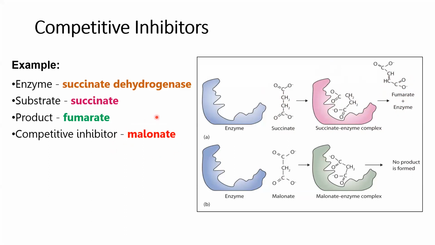But in the presence of the competitive inhibitor malonate, as you can see, the structure of malonate is similar to succinate. Because the structure is similar, malonate will compete to bind to the active site. Once malonate binds to the active site, succinate cannot bind and the reaction cannot occur, or the reaction rate is reduced, and no product or less product will form.